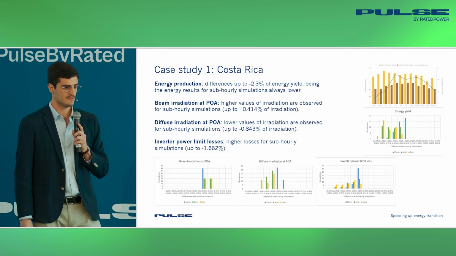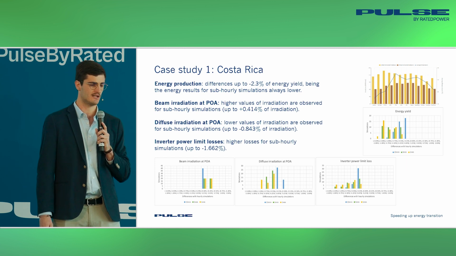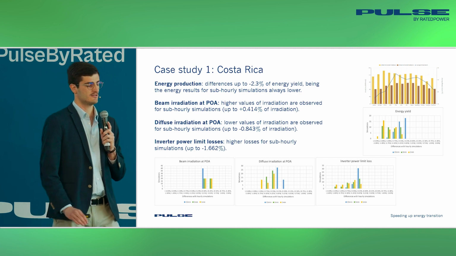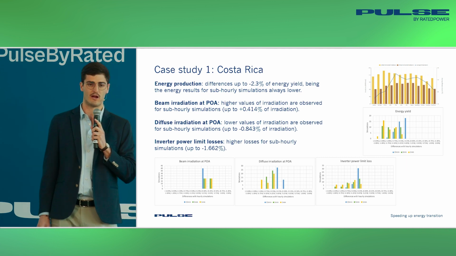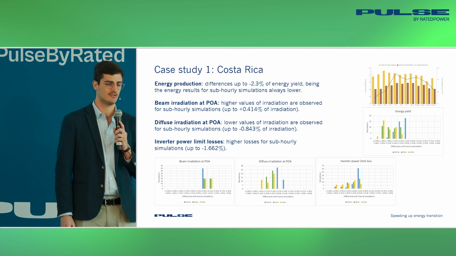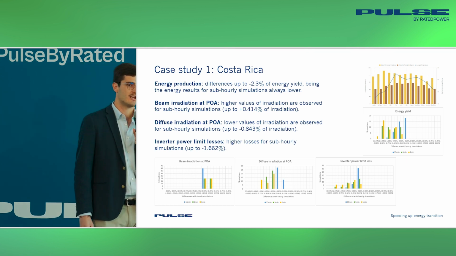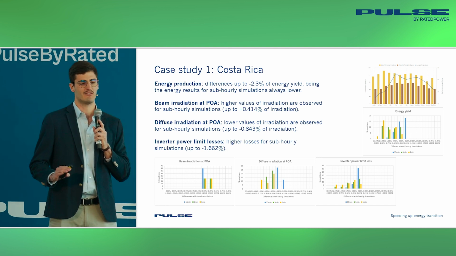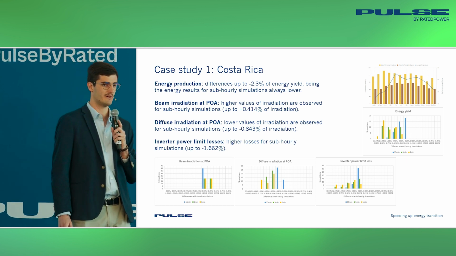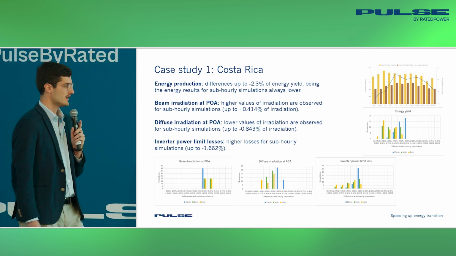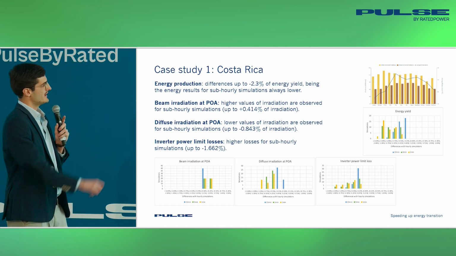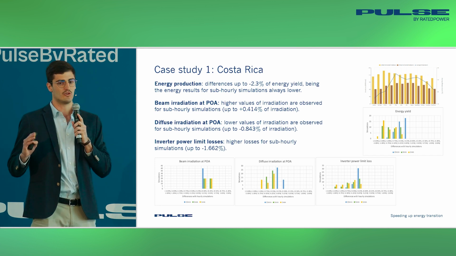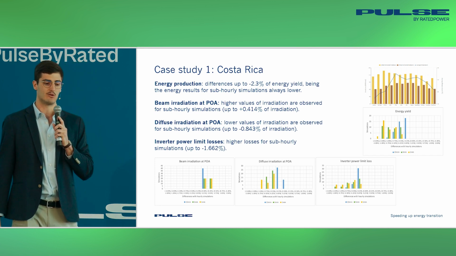So moving ahead with the first site that I mentioned, the site located in Costa Rica. Here we observed that for the simulations that we ran, always for the case of sub-hourly simulations, we had lower energy production. These values gave us results up to 2.3%, which is quite noticeable. And in the graph at the right side of the slide, we can see the distribution of the simulations that we did.